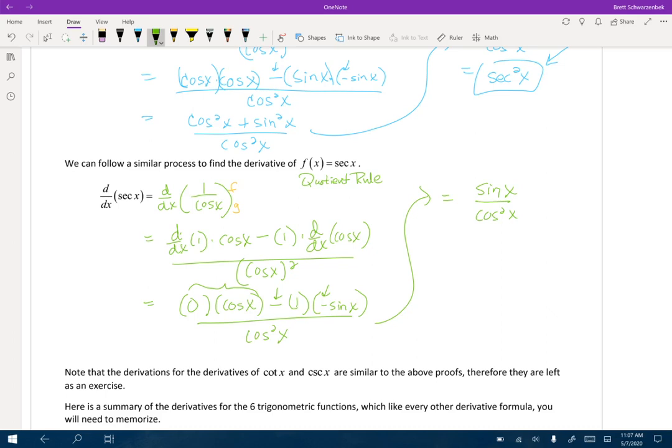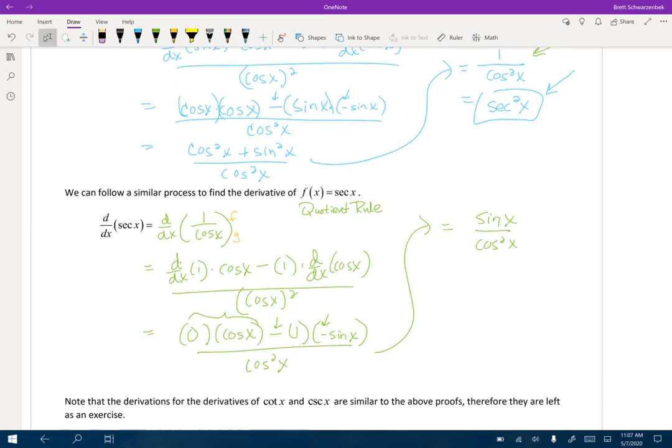But in all books and all things that we talk about in calculus in terms of derivatives, we don't actually express it that way. So how do we express it? Well, we separate it into pieces. So first we get 1 over cosine times sine over cosine.